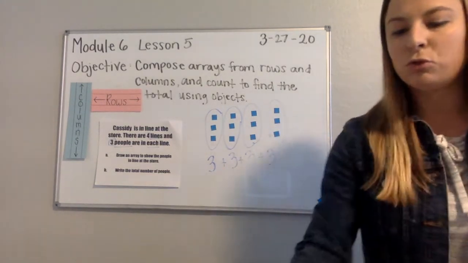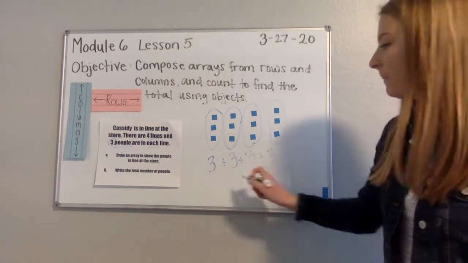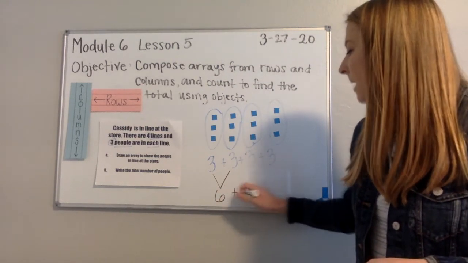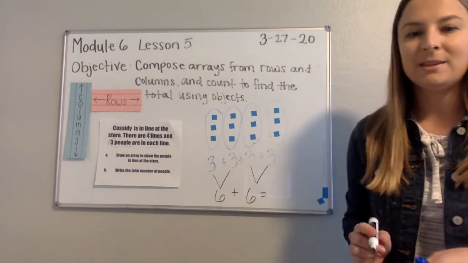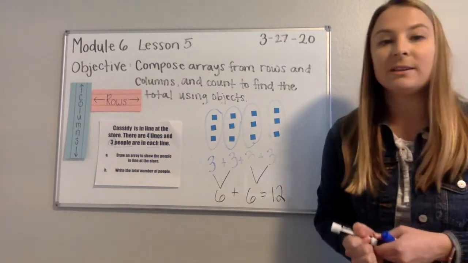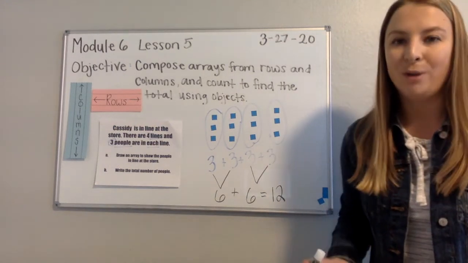If I wanted to drop below and come up with a more efficient number sentence to find my total, my 3 plus 3 can make 6, plus 3 plus 3 makes 6, and I know 6 plus 6 is a total of 12. My answer for this question would be, there are 12 people in line altogether.